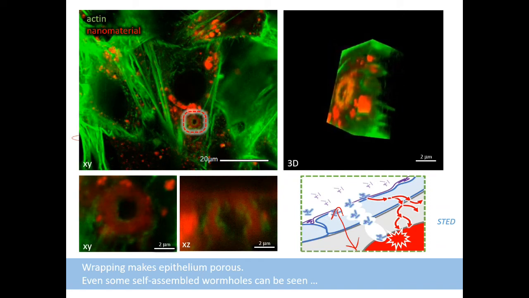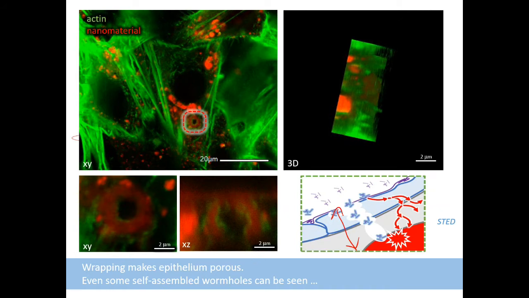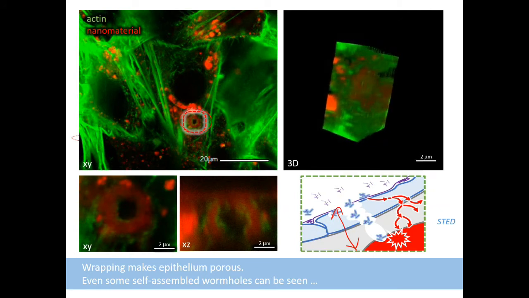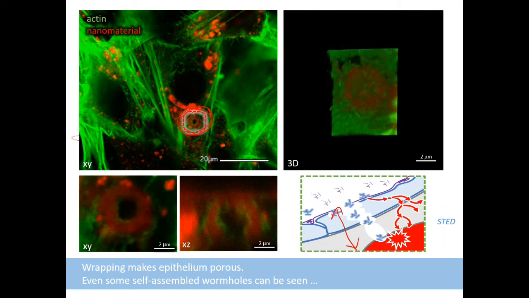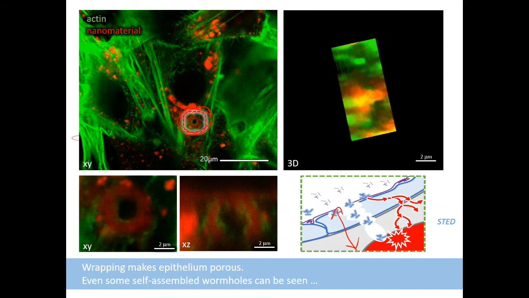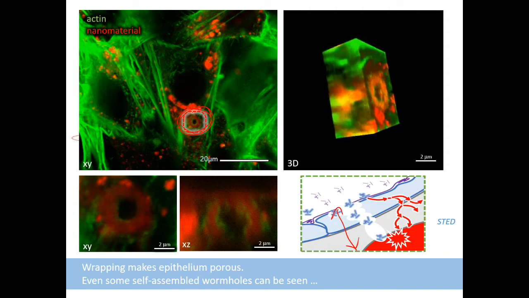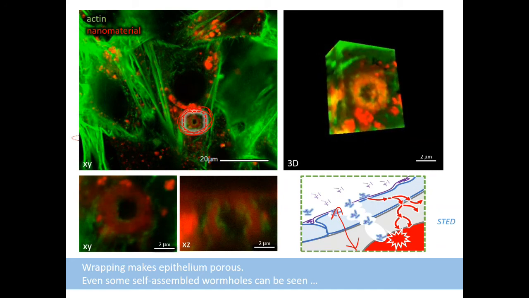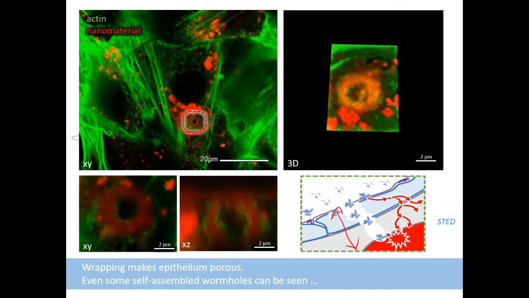There are also wormhole-like structures in the cell. These structures are like tunnels, and they actually allow nanomaterial to pass from one side of the epithelium, so the alveolar epithelium, to the blood endothelium on the other side.